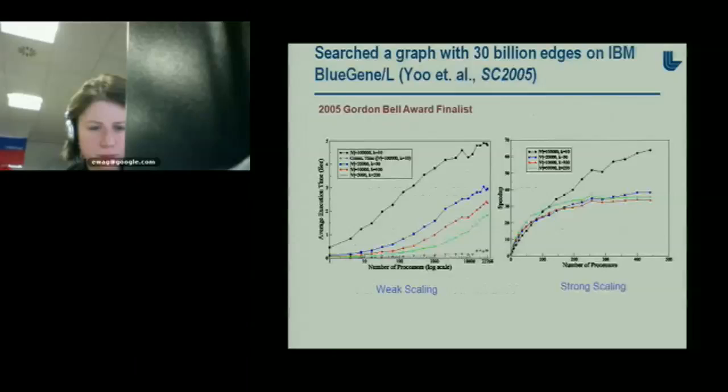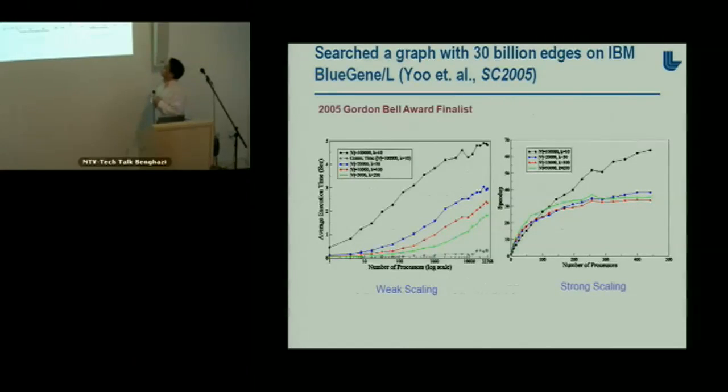We did a graph search on a graph with 30 billion edges on BlueGene, and we did a weak scaling study. Weak scaling means that you increase the global problem size as you increase the number of processors used, so the local problem size remains constant. In this search, we randomly selected a source and destination.